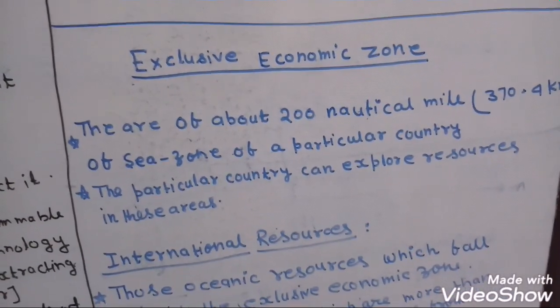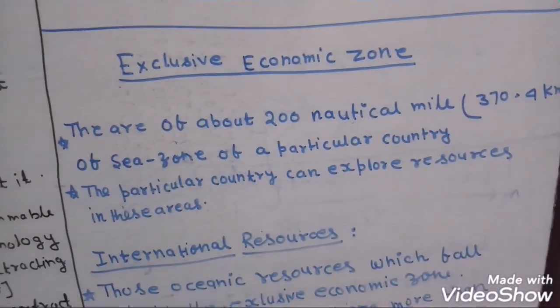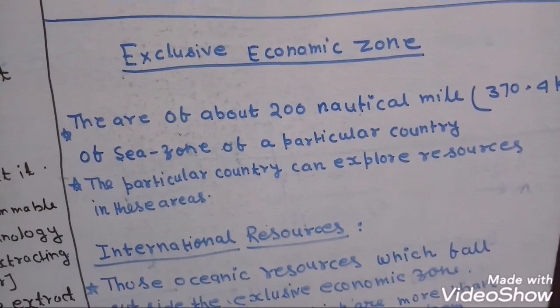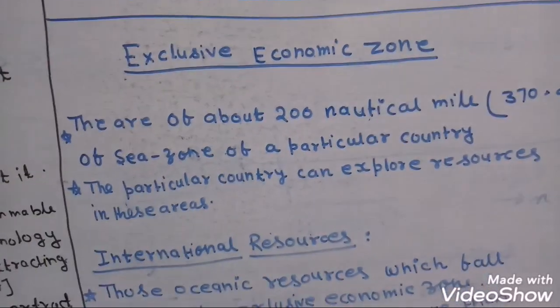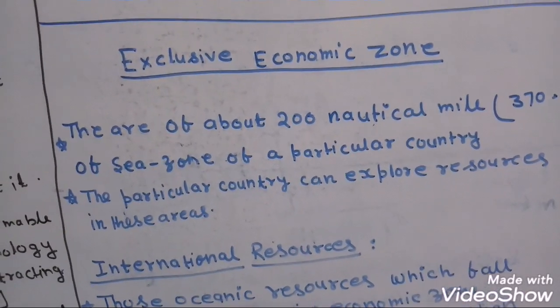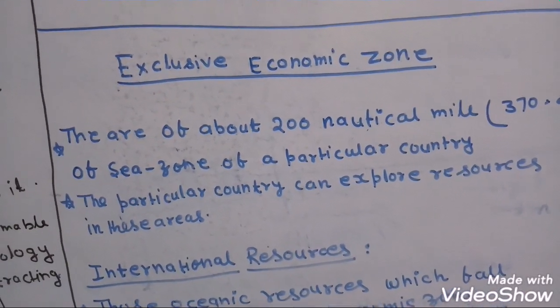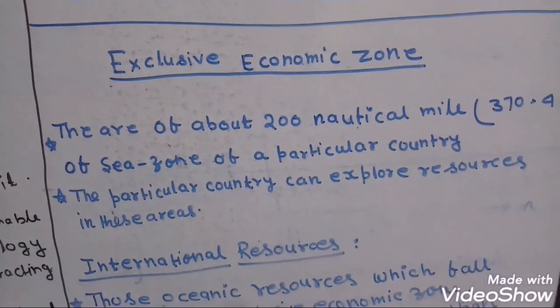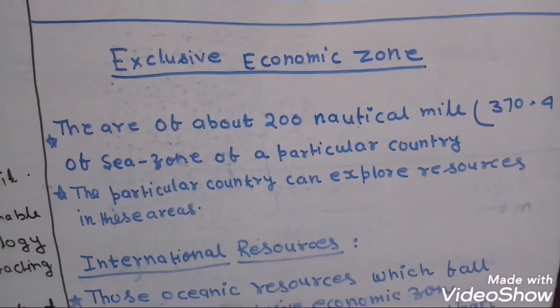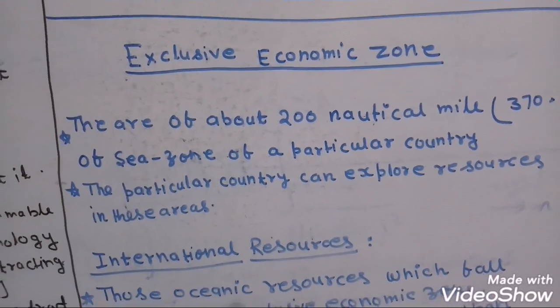If we have a territory bordering with the sea, then the area around 200 nautical miles of that sea can be termed as exclusive economic zone. The particular country can utilize the resources in these areas.